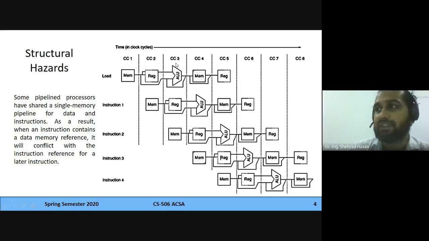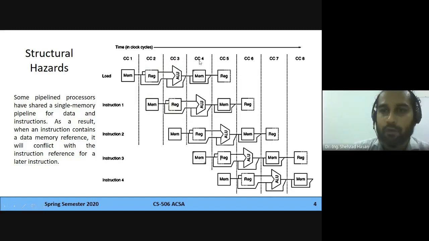Now let's move to the third cycle. Now load will calculate the address using the ALU. Instruction 1 is going to move to read the registers and is going to use the register file. And instruction 2 is then going to use the memory. Again, no problem over here, because all of these three are different hardware resources. So nothing in cycle number 3 as well, right?